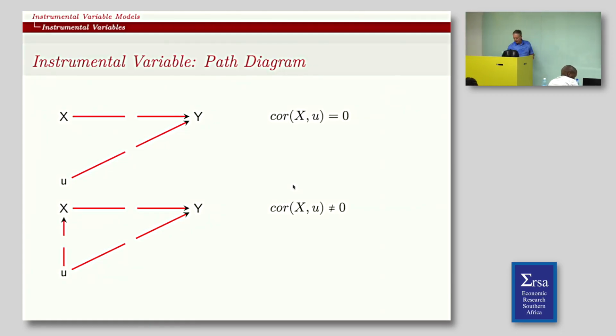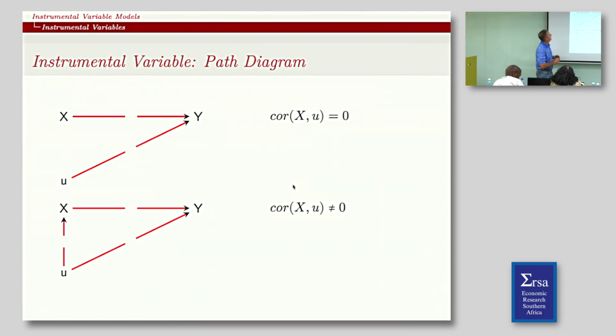Right, so here's a slightly different version of the picture we had before. Here's an example where u and x are correlated with y, but there's no correlation between x and u. In this one, u and x affect y, but there's also correlation between x and u. Right? So that's the difference in pictures.